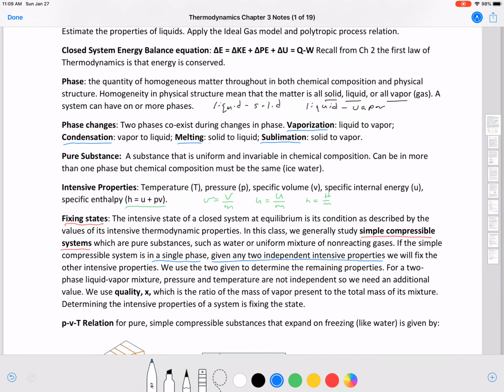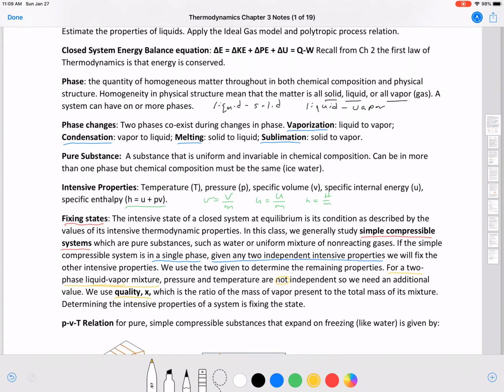If I'm in a two-phase liquid-vapor mixture, pressure and temperature in that mixture are not independent, and so we need an additional value. We use quality. X is the variable we use for quality, and quality is really just the ratio of the mass of the vapor present to the total mass of the mixture.